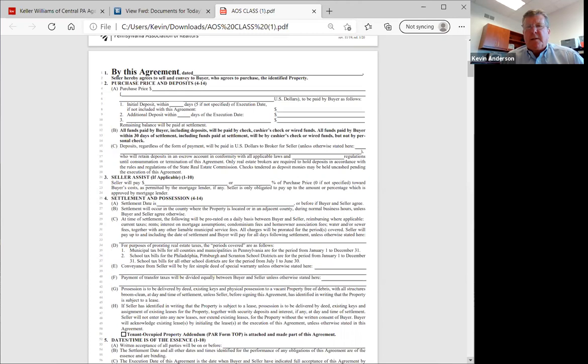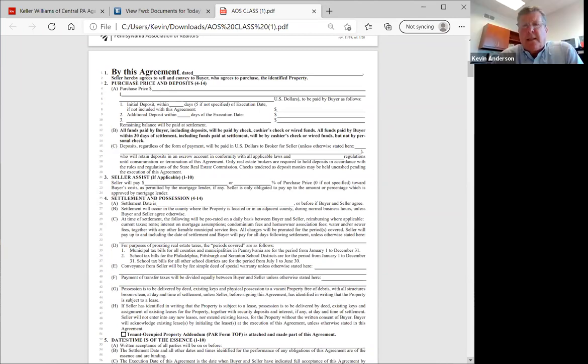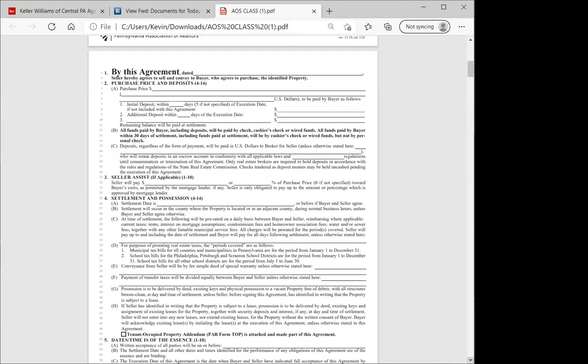Under initial deposit, just always know this agreement has a lot of default timelines. In this case, the initial deposit is due within 5 days of the execution date, unless specified otherwise.